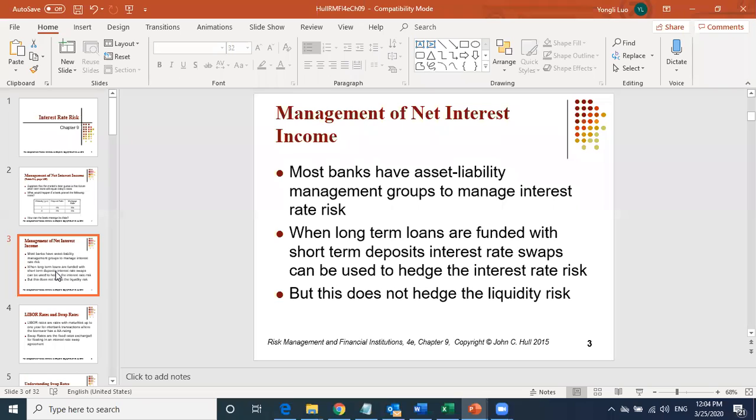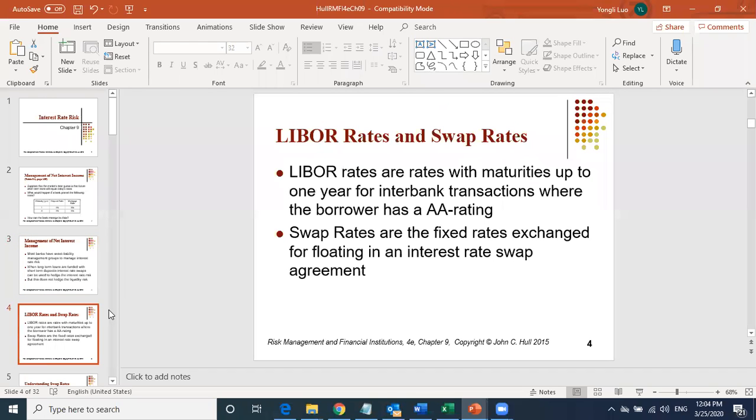Typically we assume that the longer the term, the higher the interest rate. So interest rate is typically more risky when you think about the long-term loan.